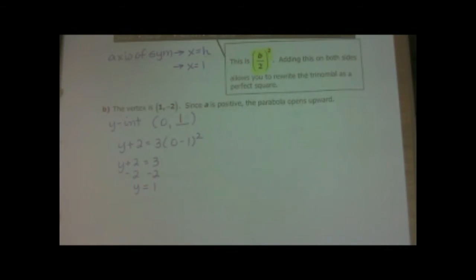Square that and I get 1 times 3 equals 3. Subtract 2 from both sides and I get y equals 1. So 0, 1 is my y-intercept.